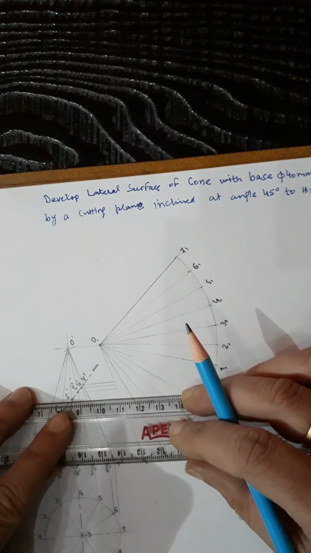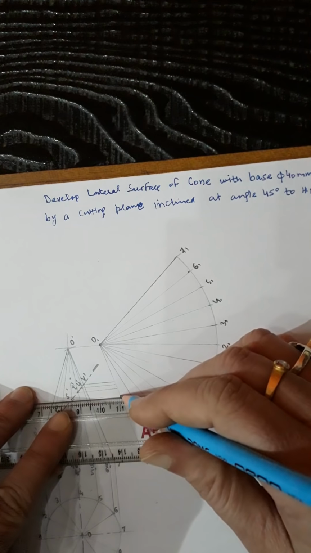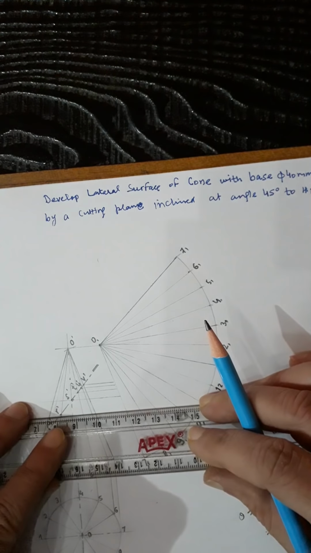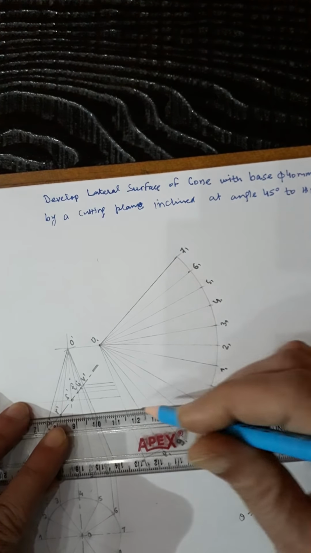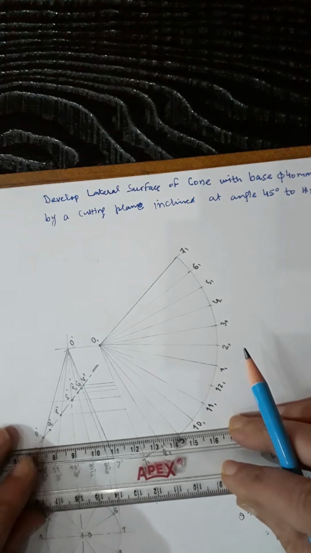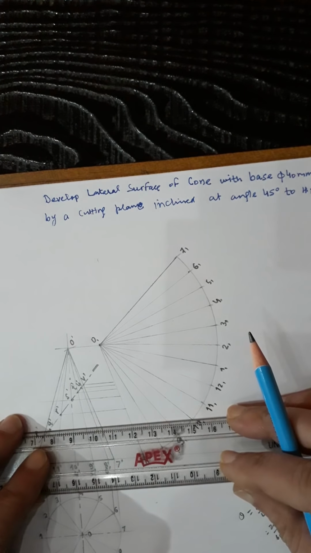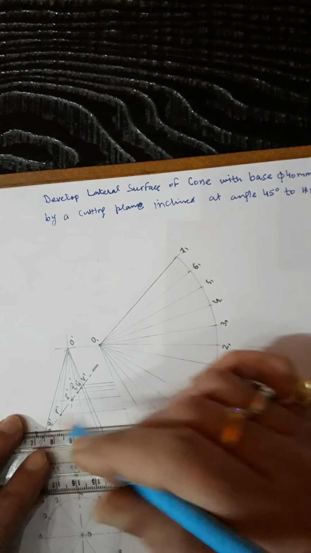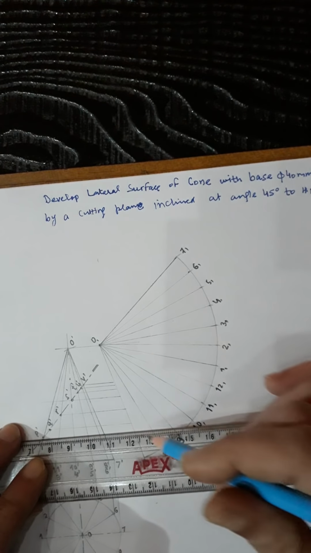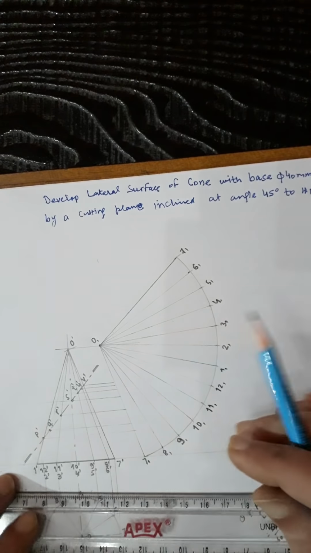T and then S, and then there is R, R dash, then Q dash, then P dash. Okay.